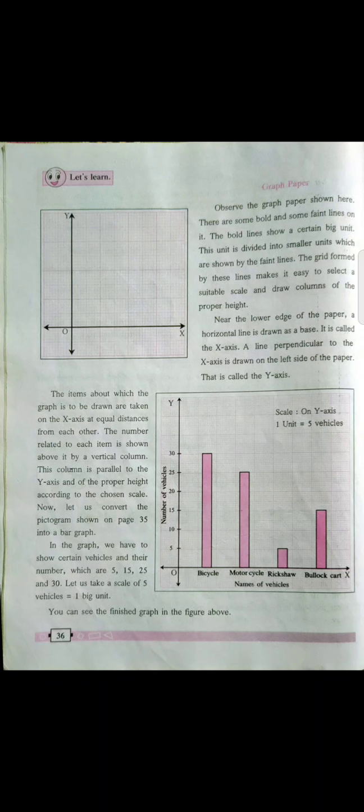As well, there are 10 lines horizontally and 10 lines vertically between two bold lines. So in all, in one bold line box, there are 100 small boxes of faint lines.